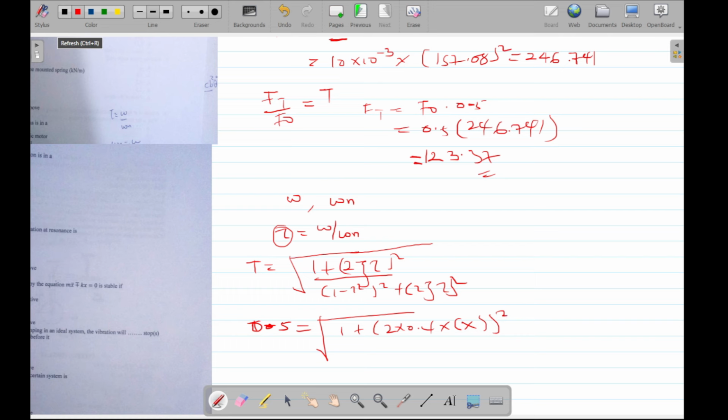Squared, so here will be 0.5, then you go to alpha, you punch the equal sign where the calc is, then bring the square root of 1 plus, you put the numbers here, and go to alpha, you put x here, and then you have 1 minus alpha x squared, all squared, plus 2 times 0.4 times x again.